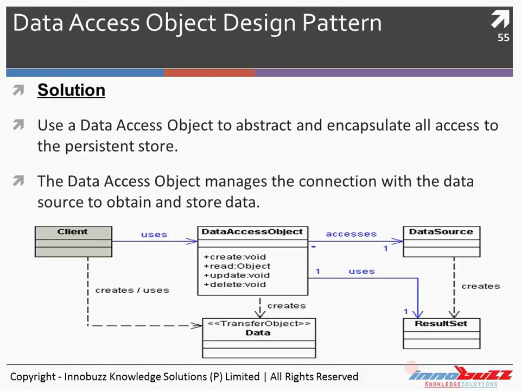So here the data access object class can use this transfer object, which in turn will have details of data to be performed. For example, you want to read or update or delete. So from the client, you will get the transfer object, which will in turn hold the properties of name, city, or any feature of your class of customer, for example, and that particular transfer object, a Java class instance, will be used by the data access object class to perform database operations.